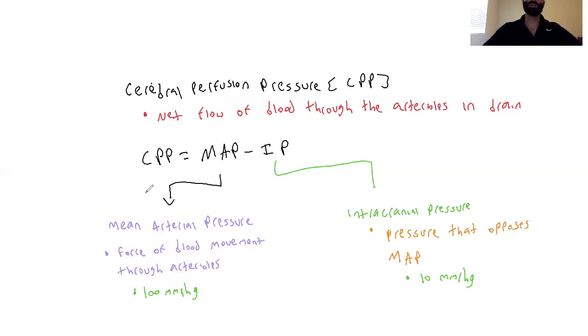So mean arterial pressure is the force of blood that moves through the arterioles. Intracranial pressure is pressure exerted on the brain because it is encased in a closed system, a closed vault. And to find cerebral perfusion pressure, the net flow, we need to subtract intracranial pressure from mean arterial pressure. So this here is going to be the cranial vault. It is a closed system.